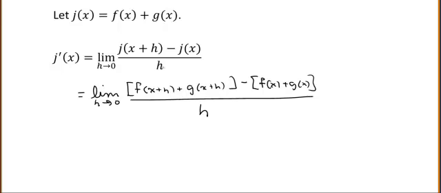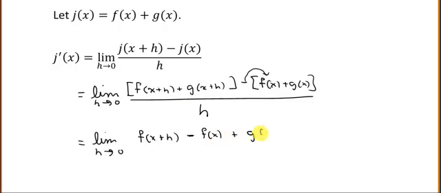Okay, getting rid of grouping symbols, we could rewrite this expression as the limit as h approaches 0 of f of x plus h. And notice back here we'll have a negative f of x, plus g of x plus h, and again back here we'll have a negative g of x.